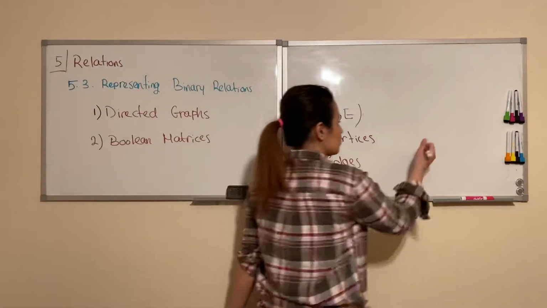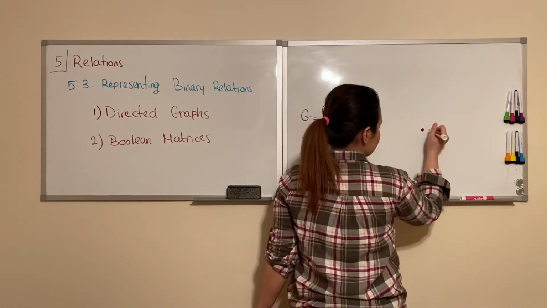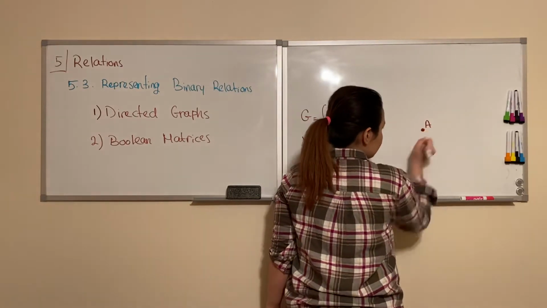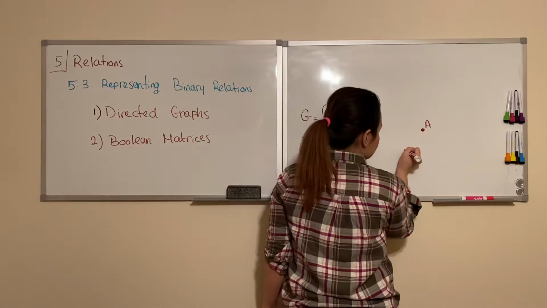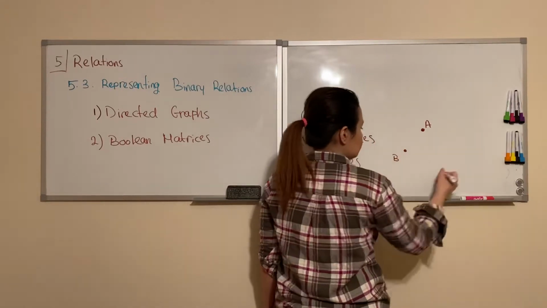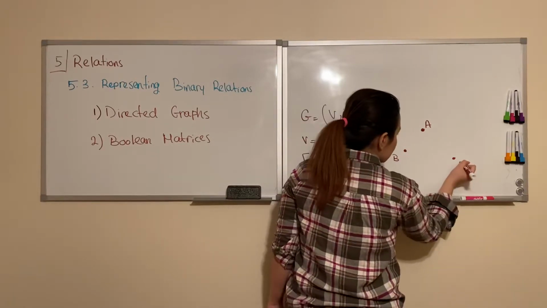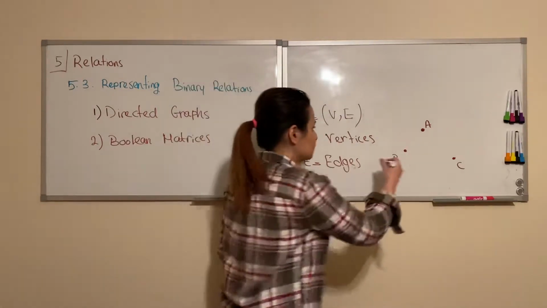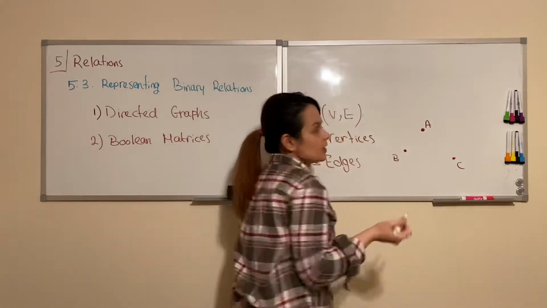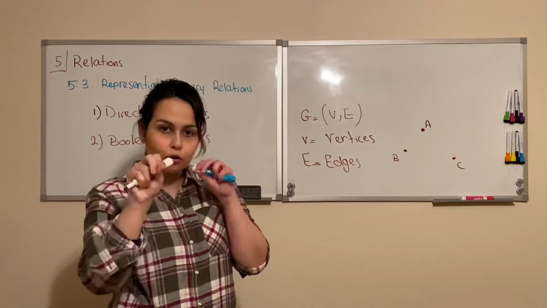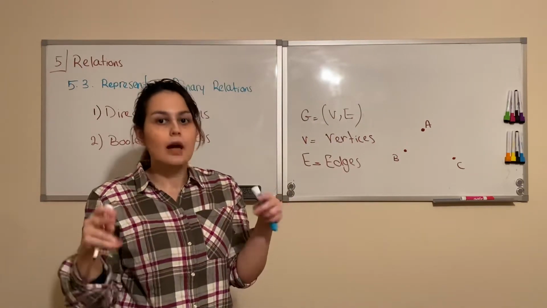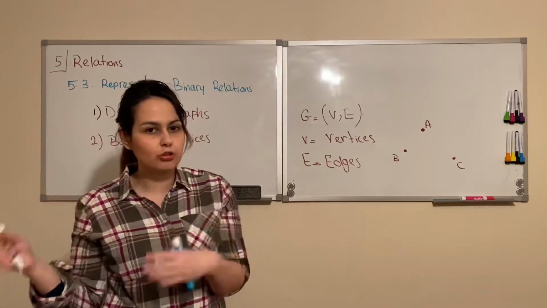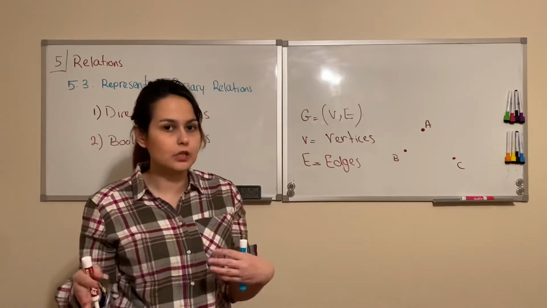So let's assume that it is you, person A, and one friend B, and someone else C. A, B, and C are people, so I show them by dots. And now I want to talk about the friendship relation between these people.